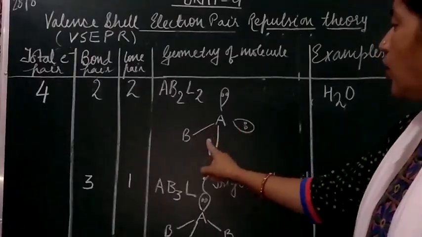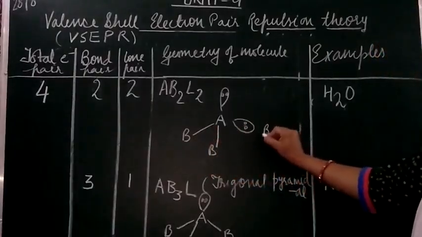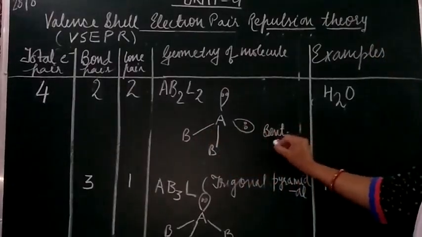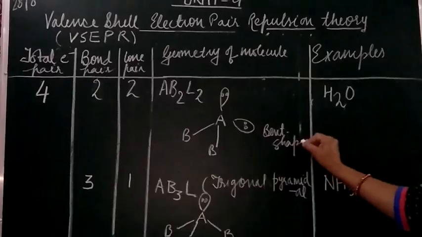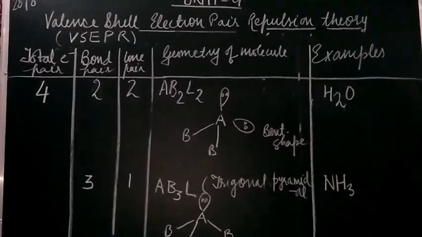This is again going to form a V shape or a bent shape. So if out of four electron pairs we have two lone pairs and two bond pairs, then the shape of the molecule is going to be a bent shape. Right, students?